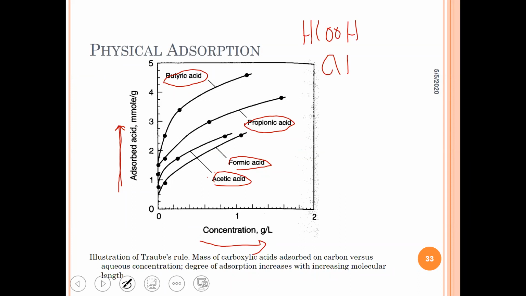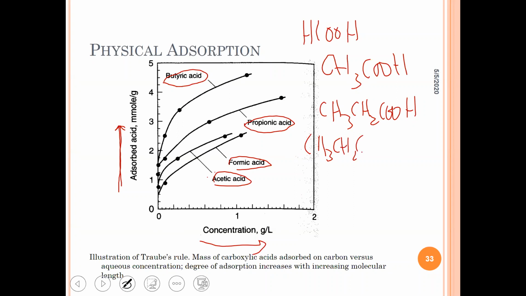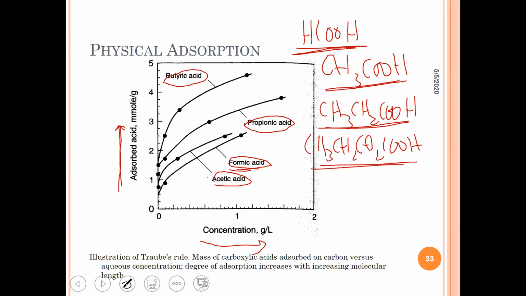And acetic acid is CH3COOH. And propionic acid is CH3CH2COOH. And butyric acid is CH3CH2CH2COOH. If you see, formic acid has the smallest size as compared to acetic acid, and acetic acid is smaller than propionic acid, and propionic acid is smaller than butyric acid.